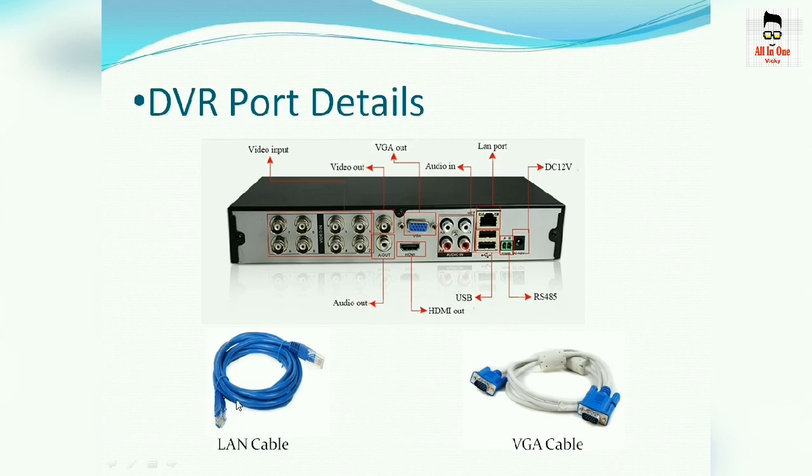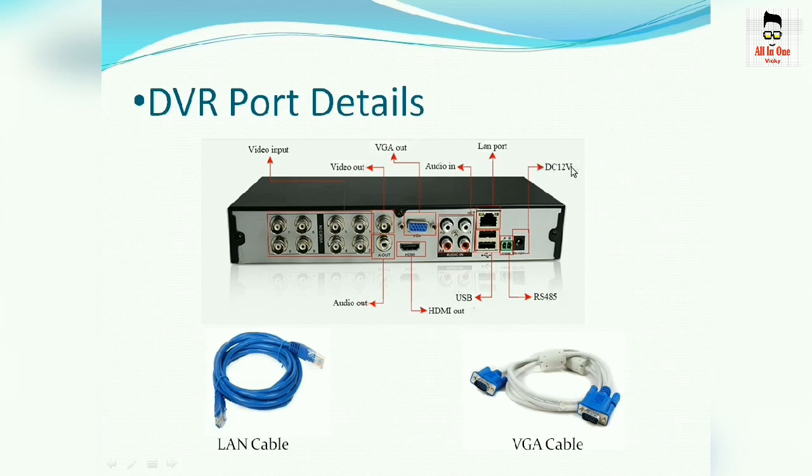For long distance it will be usable. You can connect this in the network, so you can see it from the third floor or fourth floor. If your DVR is installed on the ground floor, you can see it on the third floor also because of the LAN cable. RS485 is given for special purpose cameras, and this one is DC 12 volt.